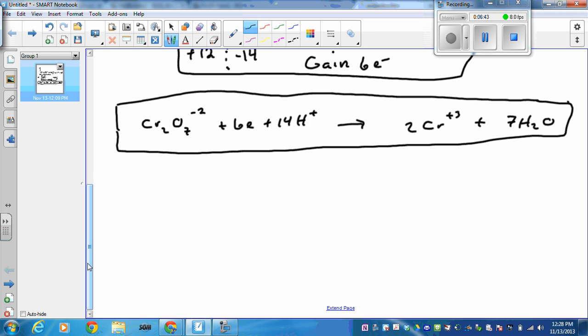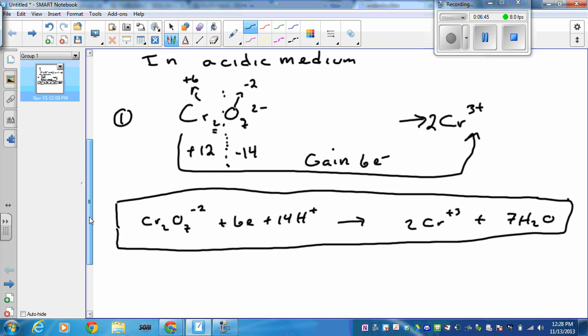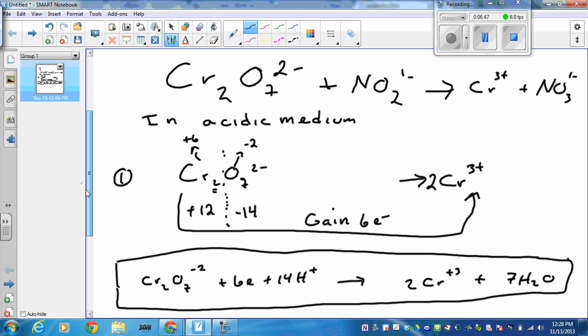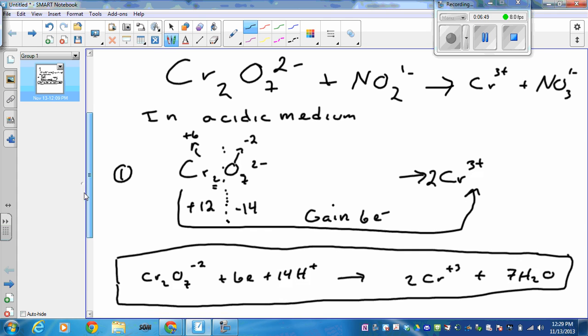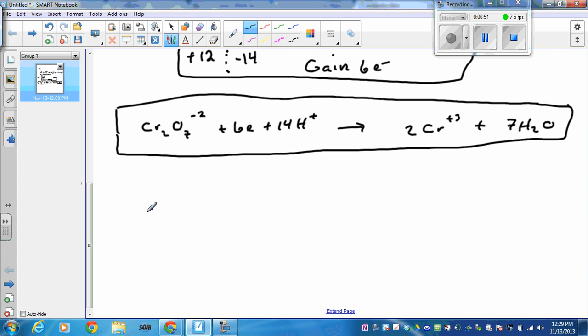The other piece is to take a look at the nitrogen containing part, NO2 minus, NO3 minus. So NO2 minus 1 goes to NO3 minus 1.